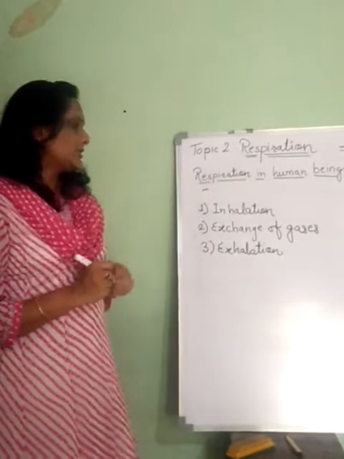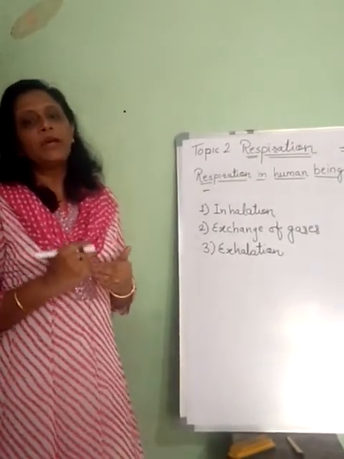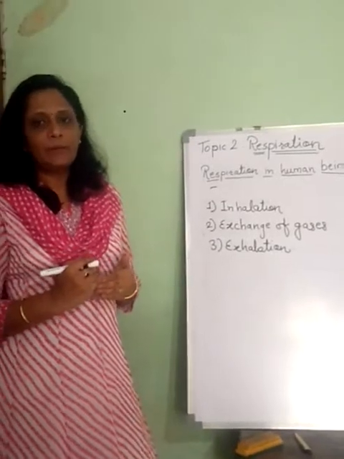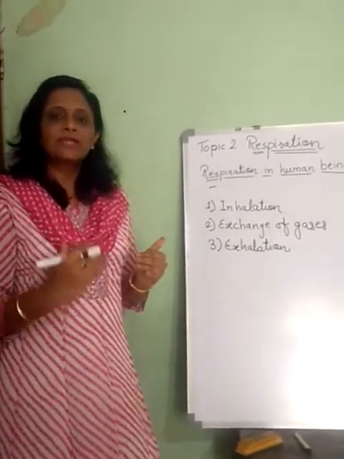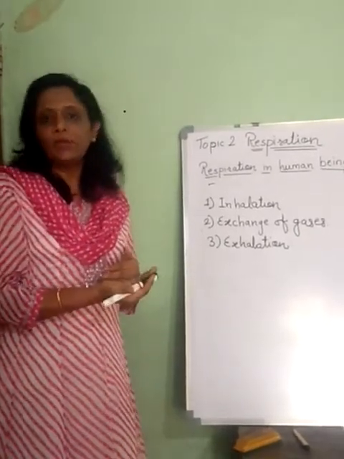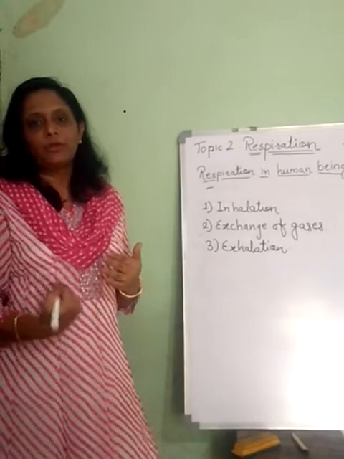Then the second process is exchange of gases. As I have told you, alveoli are richly supplied with blood capillaries. The exchange of gases takes place. Carbon dioxide from the blood is given to the alveoli and oxygen from the alveoli is given to the blood.